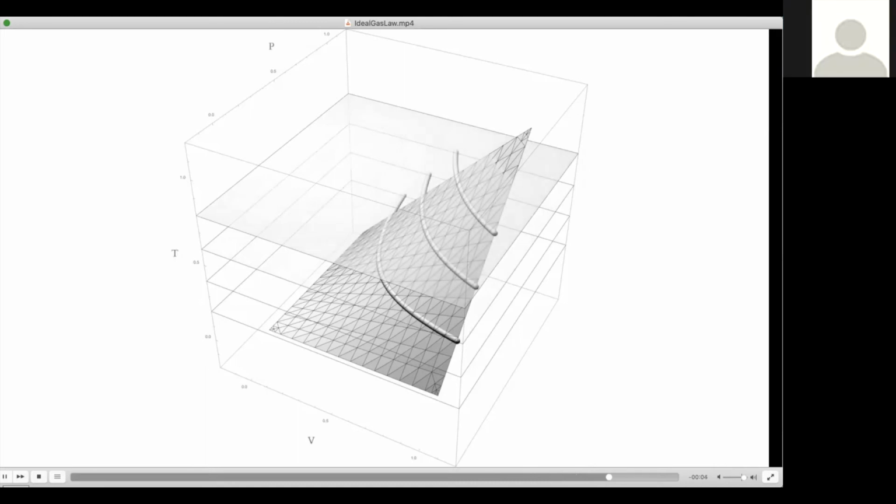So when you're all done here, you have these four lines.